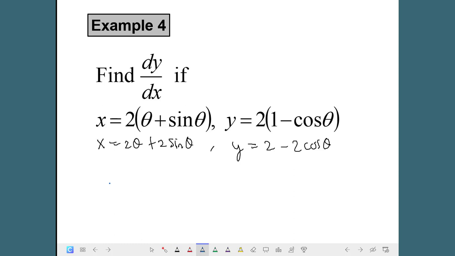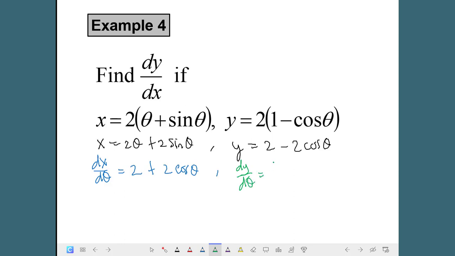And differentiate dx over d theta: 2 theta, same like you differentiate 2x, that's 2, plus 2 differentiate sine theta, sine that's cos theta. And differentiate y with respect to theta.